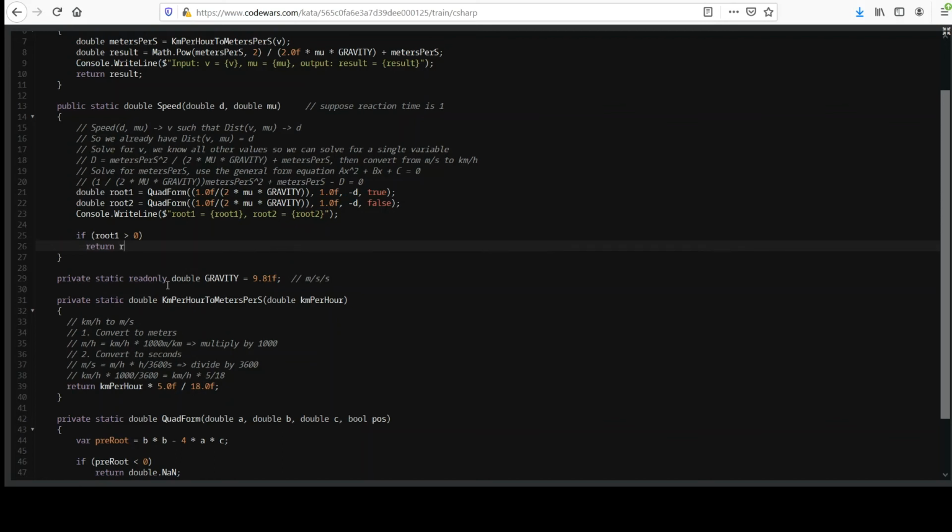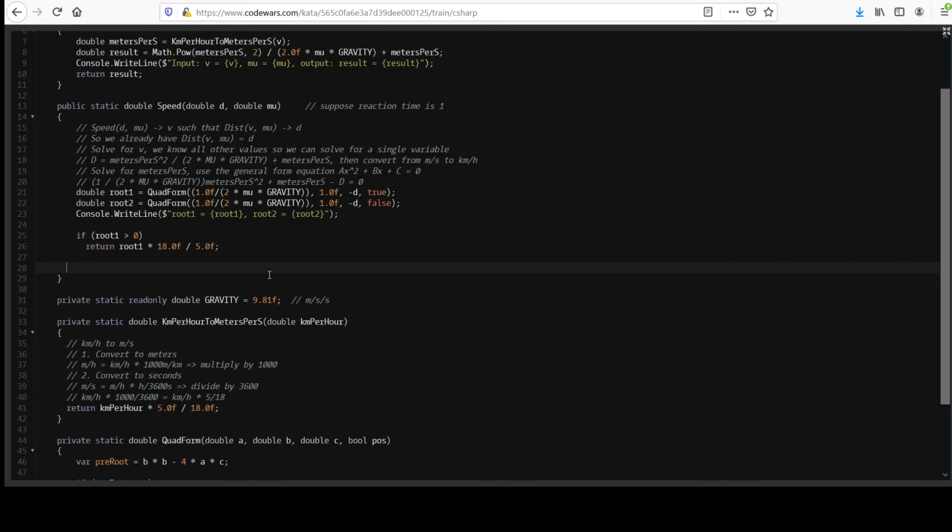We can say root 1 times 18.0 over 5.0. If you want, you could make another method for meters per second to kilometers per hour and call it here, but I'll just leave it like this. Okay, so we have to cover the case that root 1 wasn't the positive one.